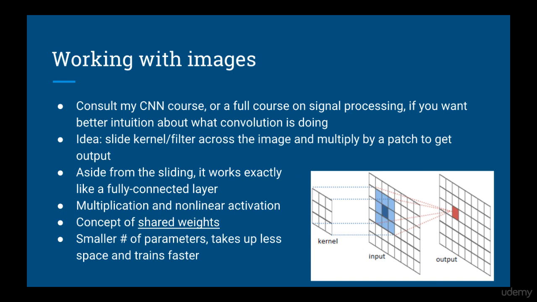Aside from this sliding, it works exactly the same as a fully connected layer, meaning all we do is multiplication and then eventually pass it through a nonlinear activation function. Having a small filter like this means that every part of the original image uses the same shared weight. Shared weights allow us to have a model with a much smaller number of parameters, which means it takes up less space and trains faster.